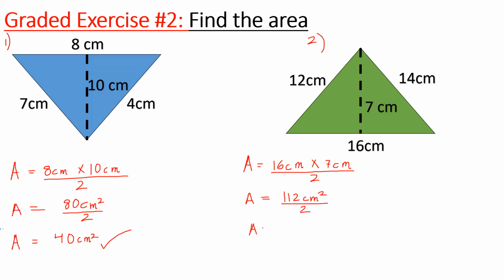So A is equal to 112 divided by 2, which is 56 centimeters squared. Anyone else got this? Everybody get that? Any questions on that? No, sir. All right, good.